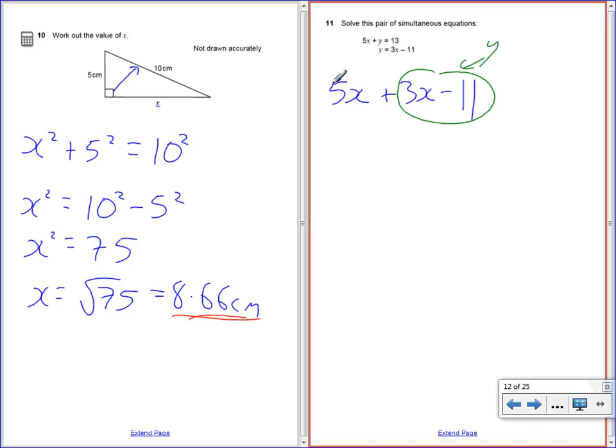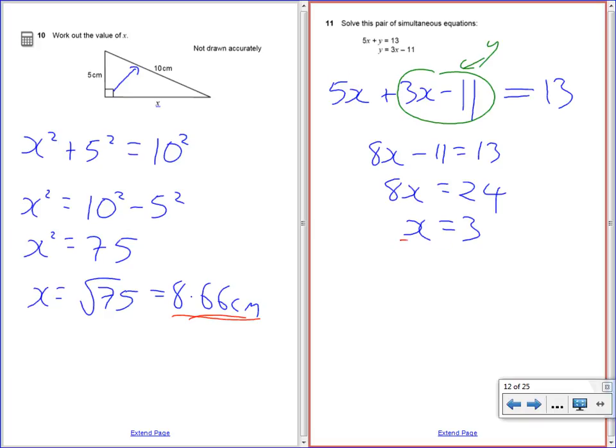So 5x plus y equals 13, so therefore 5x plus 3x minus 11 must equal 13. So that means 8x minus 11 is 13. Add the 11 to both sides, we get 8x equals 24. Divide both sides by 8, and we get x equals 3. And then to find out what y is, we substitute that into one of the equations.